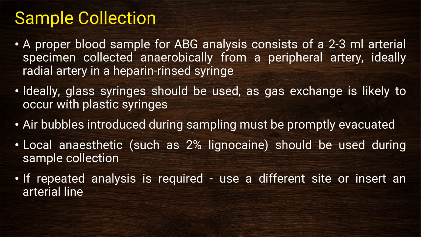Any air bubbles introduced during the sample must be promptly evacuated. Local anesthetic such as 2% lignocaine should be used during the sample collection. If repeated analysis is required, we have to use a different site or insert an arterial line.